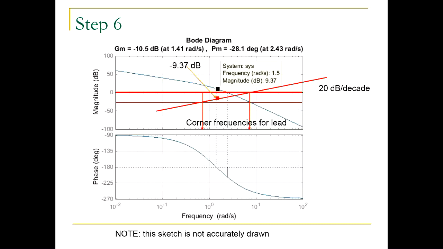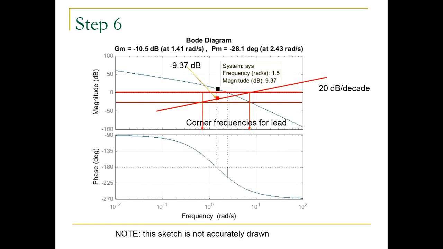So he's working only with asymptotes. By the way, this is logarithmic scale, so this is roughly in the middle. So you hope that the lead would provide an amount of phase which is largest at that frequency, so you actually stabilize the system and provide enough phase margin.